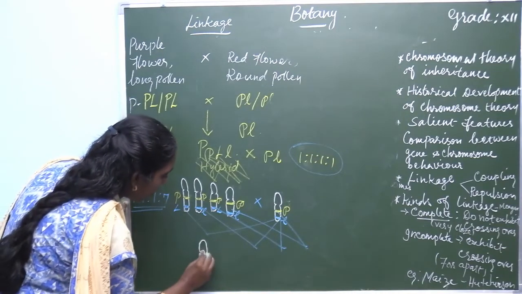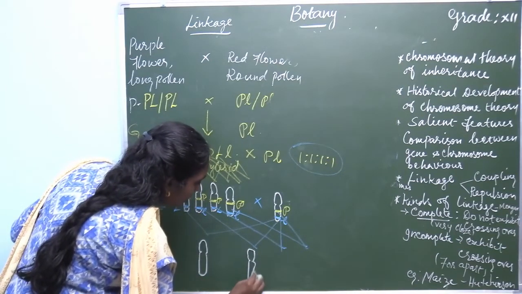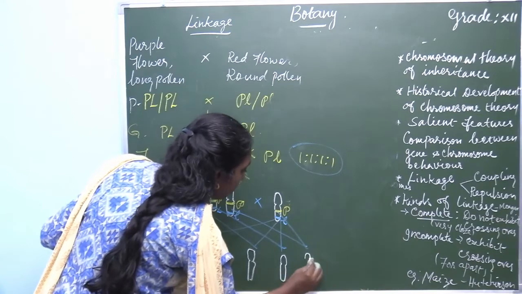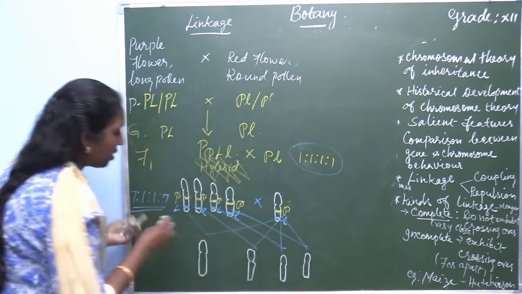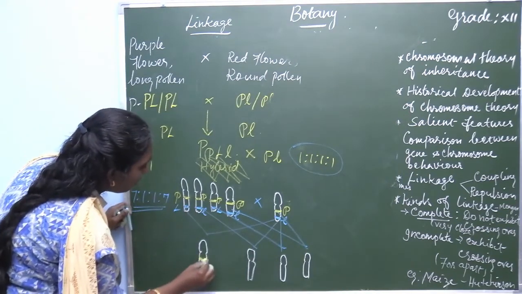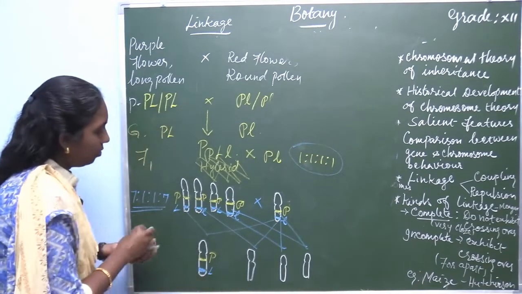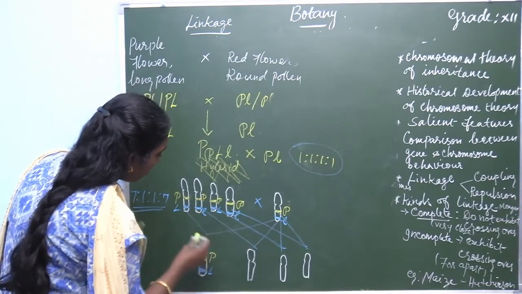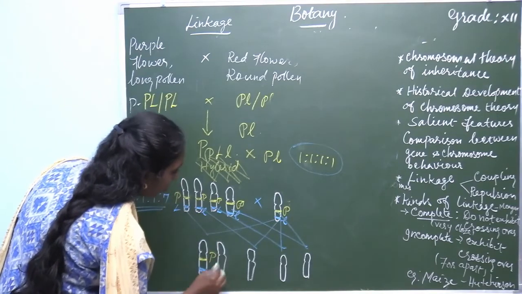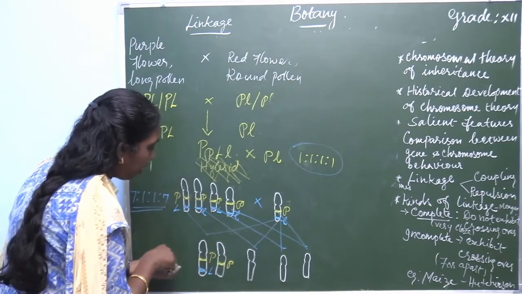Here it gives capital P, capital L, small p, small l.